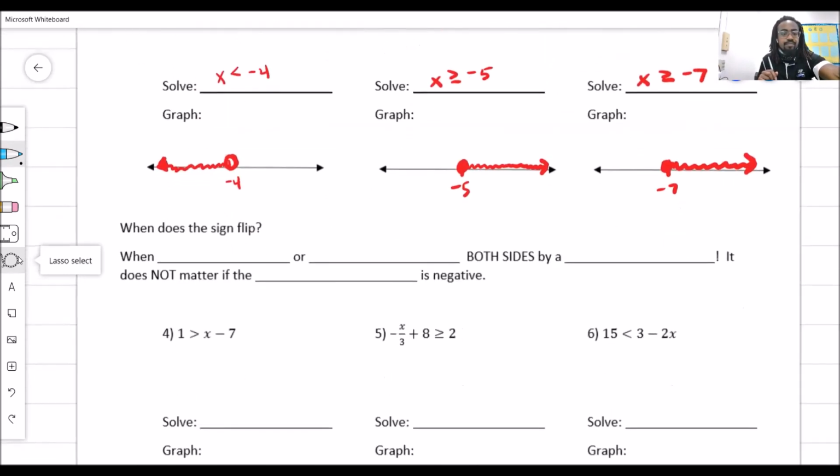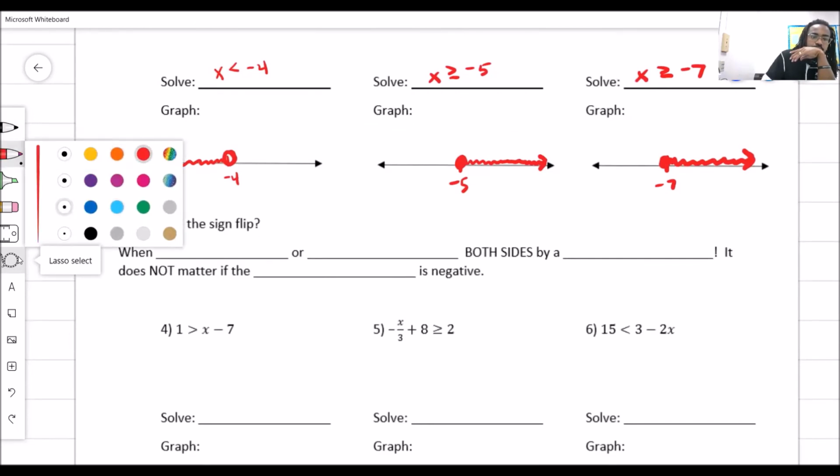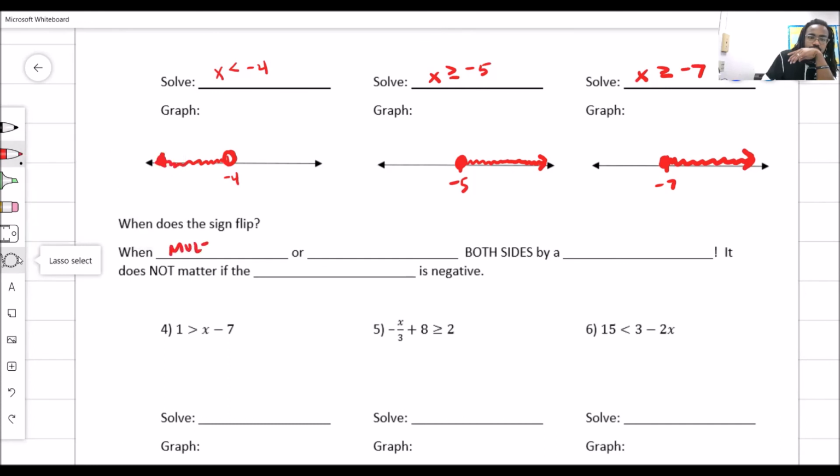Let's talk about it. Okay, so when does the sign flip? The sign flips when you multiply or divide by a negative number.